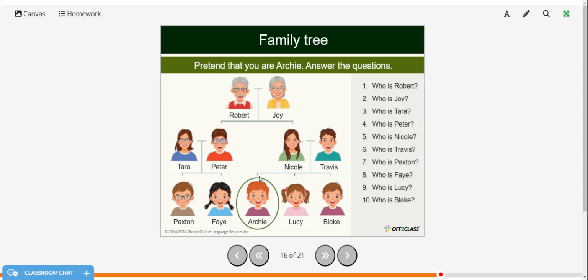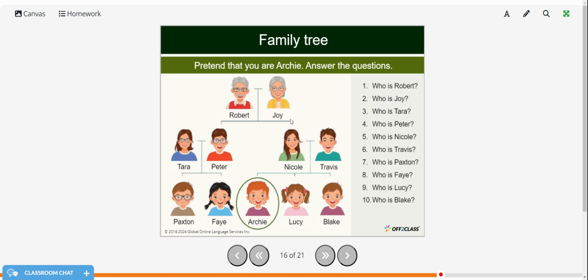All right, so pretend that you were Archie, and so we're going to answer the questions about Archie's family tree. So for Archie, who is Robert to Archie? Well, Robert would be Archie's grandfather. Grandfather. And who is Joy to Archie?